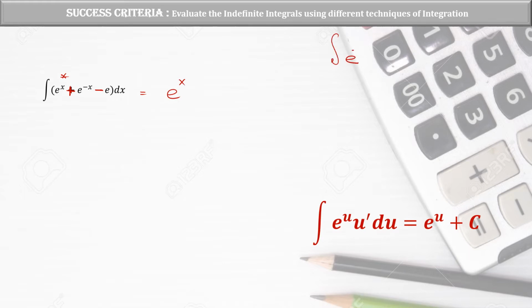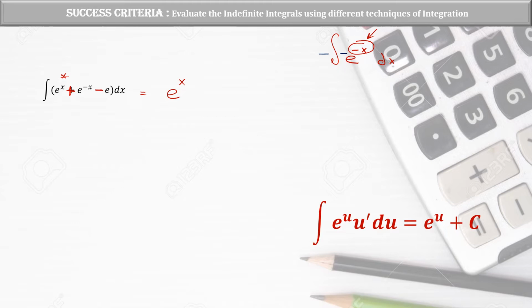Remember e to the power negative x: how can its antiderivative be taken? The derivative of u, the power, is -1. We don't have -1 inside the integral sign, so we put a negative sign inside and outside to balance the equation.